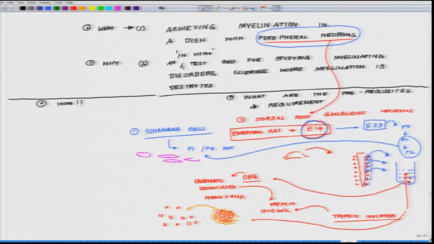Now, we realize a very interesting thing: when you talk about the Schwann cells, they will be dividing. These are dividing cells, a form of glial cells, okay. Whereas neurons, what we will be dealing with, are non-dividing.